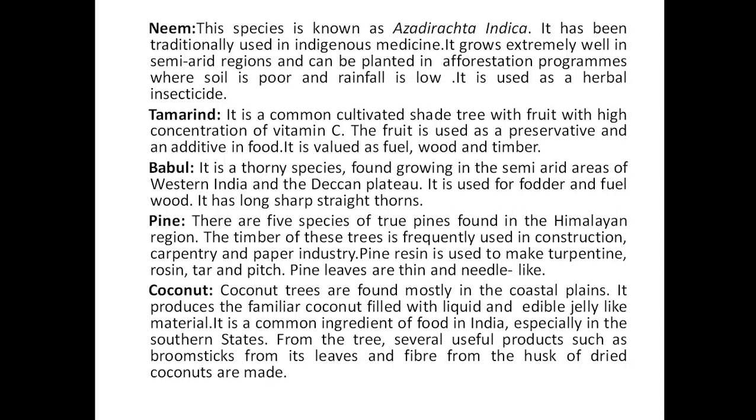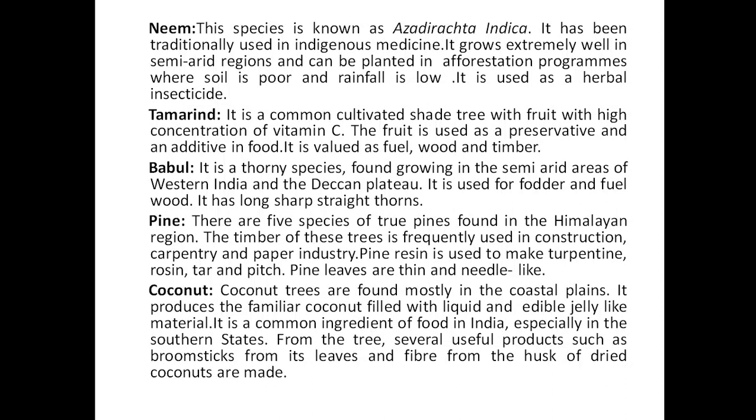This species is known as Azadirachta Indica. It has been used traditionally for medicine. It grows extremely well in semi-arid regions and it can be used in afforestation programs where the soil is poor and rainfall is low, and it is also used as a herbal insecticide.